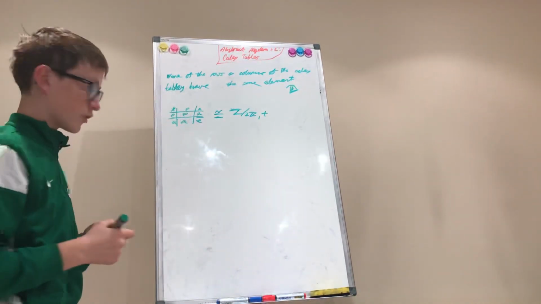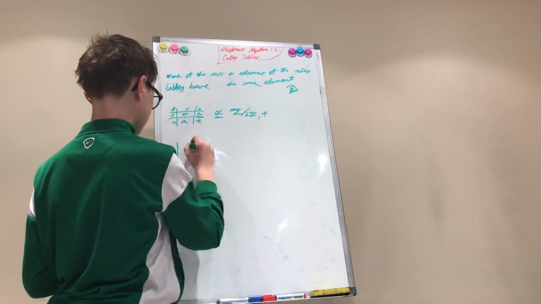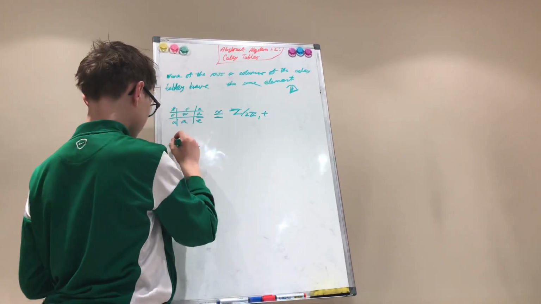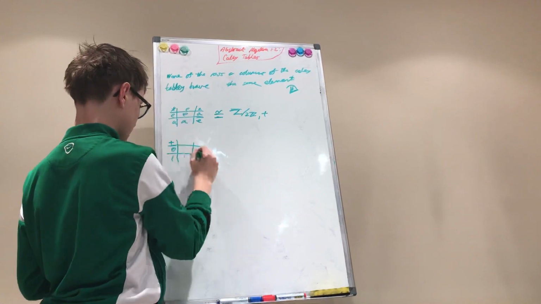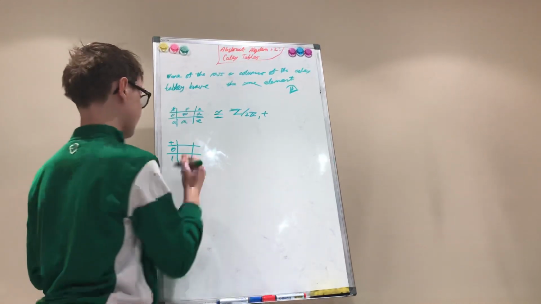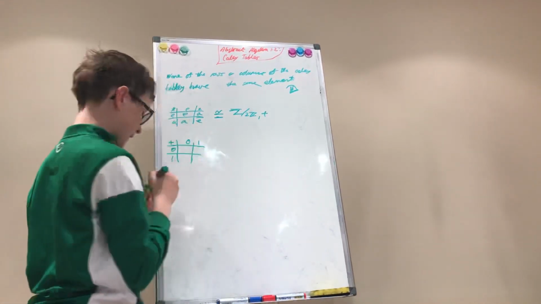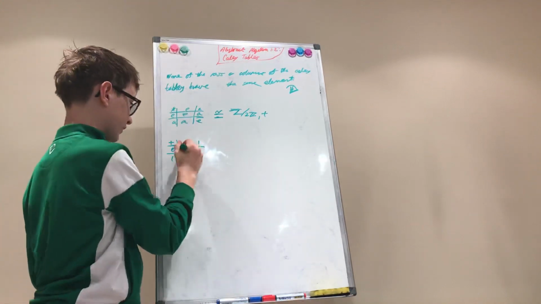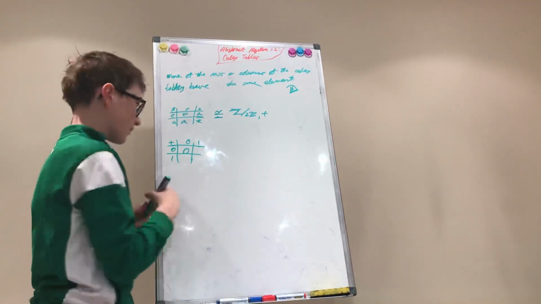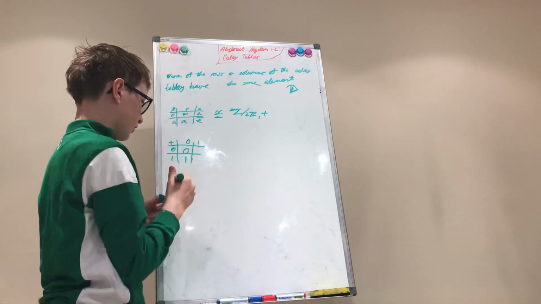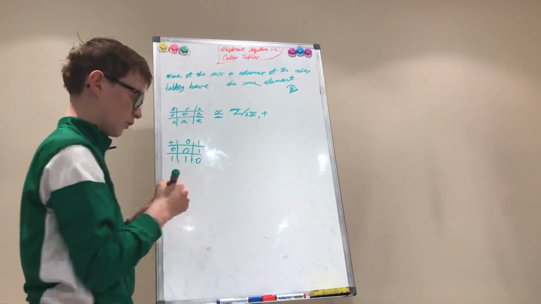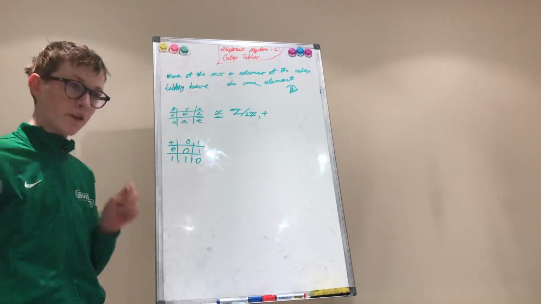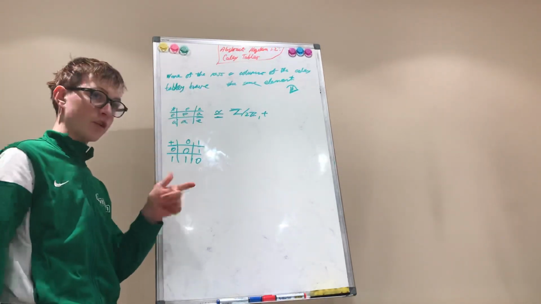Because if we draw out this table, plus, E is 0, A is 1. So this is a bit like binary, I guess. 0 plus 0 is 0, mod 2. 0 plus 1 is 1, mod 2. 0 plus 1 is 1, mod 2. 1 plus 1 is 0, mod 2. Why is 1 plus 1 0? 1 plus 1 is 2.